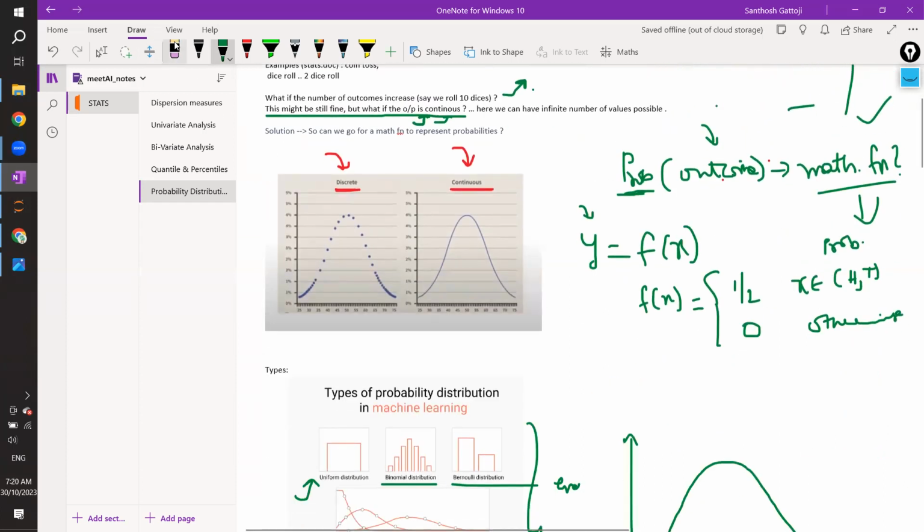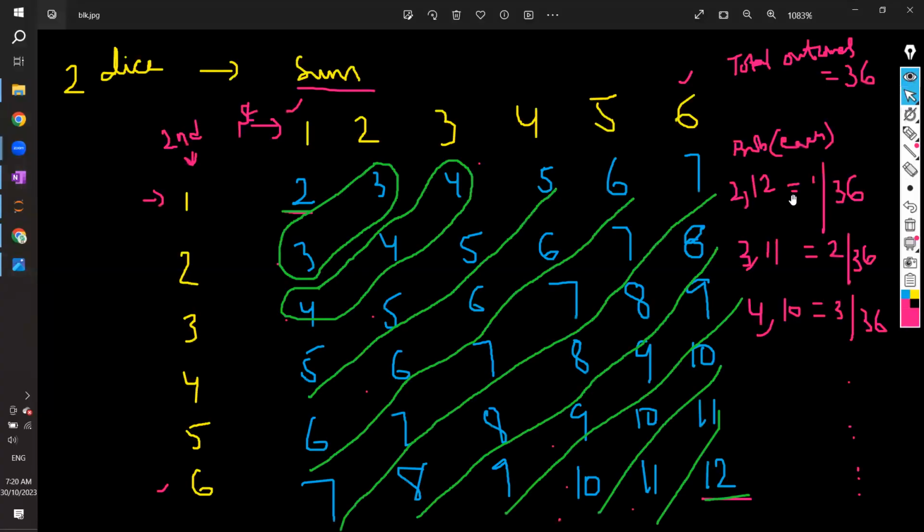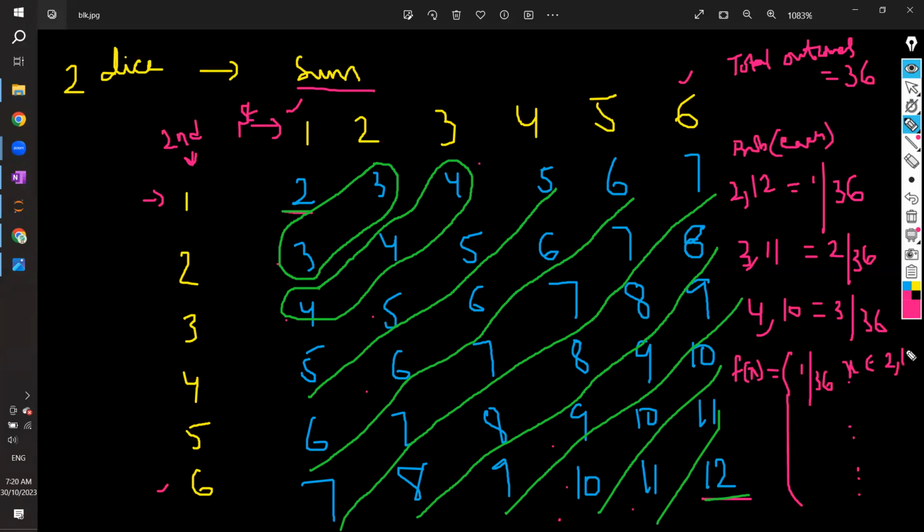Similarly, in this example, I will try to write here only. So what will be y equal to f of x, right? f of x is a probability. This will be 1 by 36 when x equals 2 comma 12.